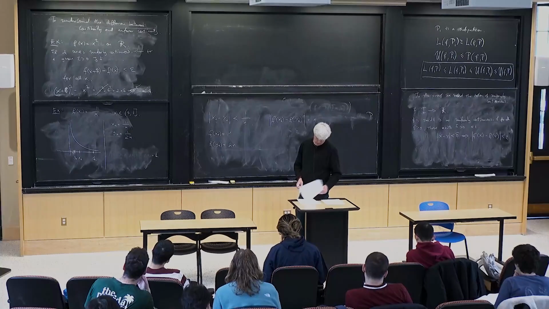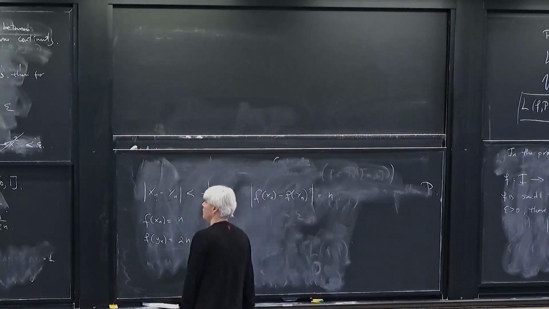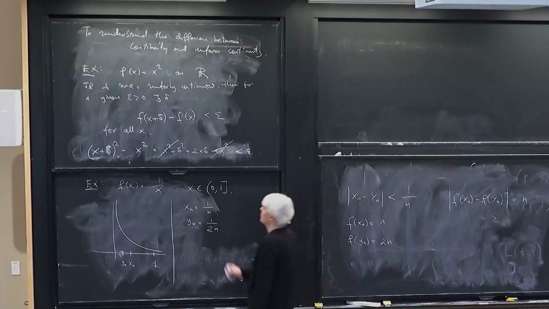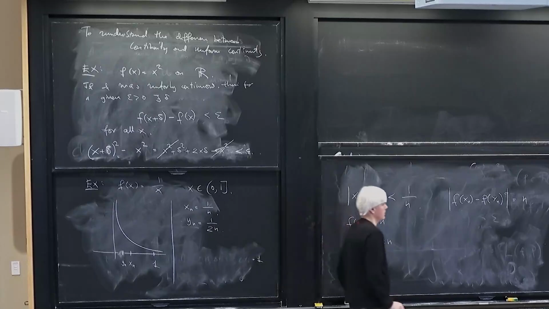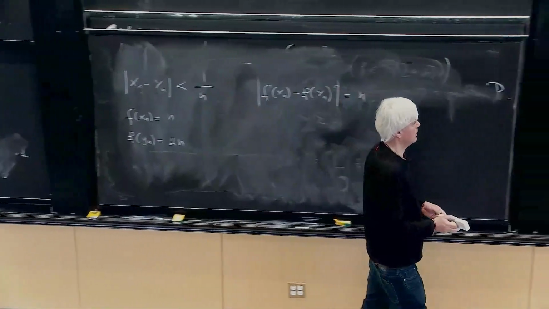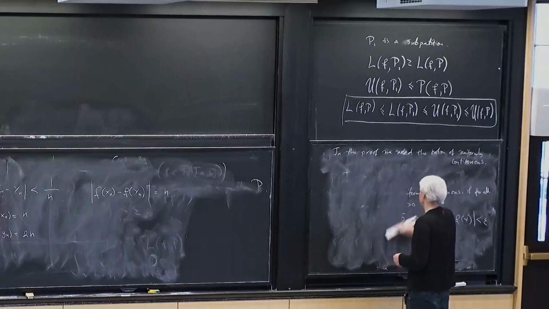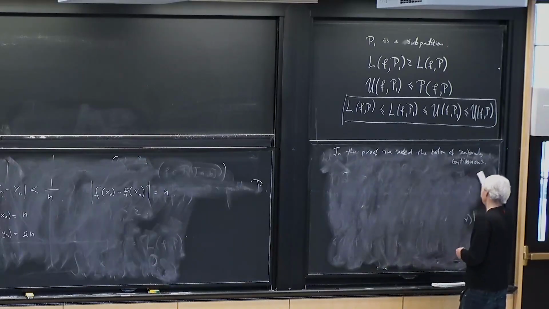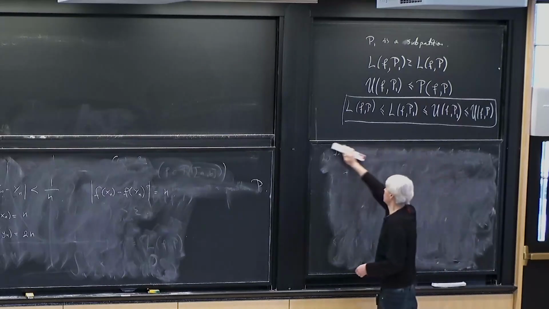Okay, so now the first thing that we want to prove, our goal here, is the theorem that says that if you have a continuous function on a closed, bounded, compact interval from a to b, then the function is actually Riemann integrable.